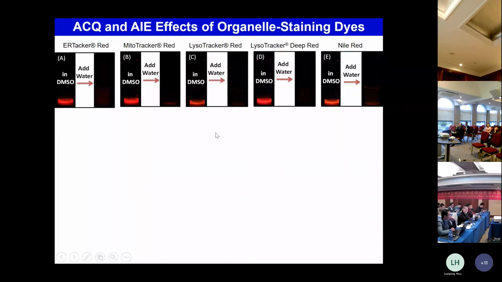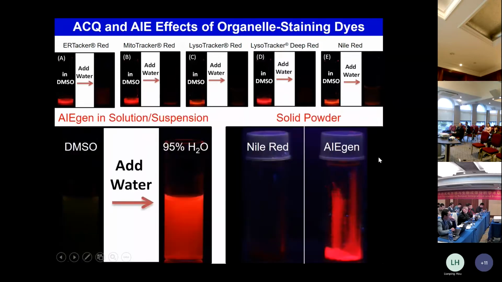Our system is different. You can see our AIEgen is not emissive when it's dissolved, but in the aqueous medium, the emission is very, very strong. You can see that this Nile red solid powder is not emissive, but our AIEgen powder is very, very emissive.